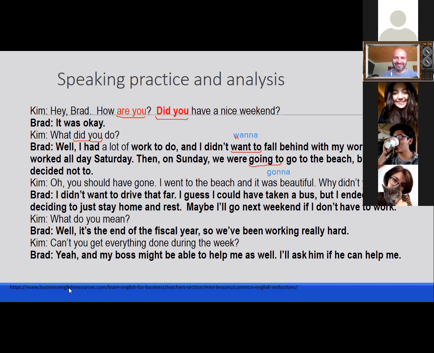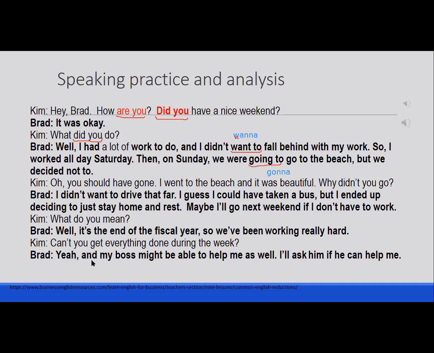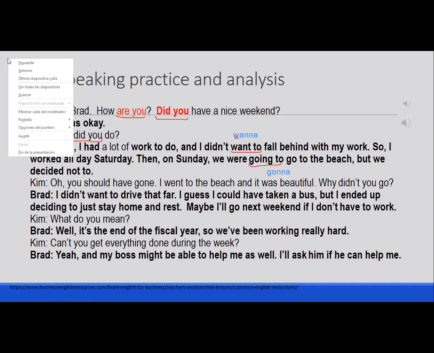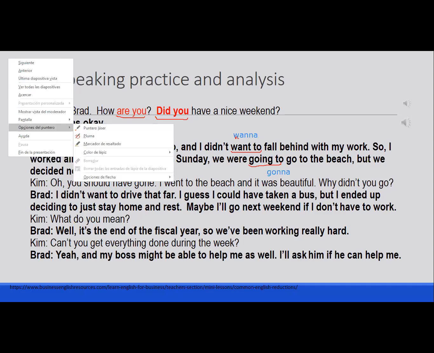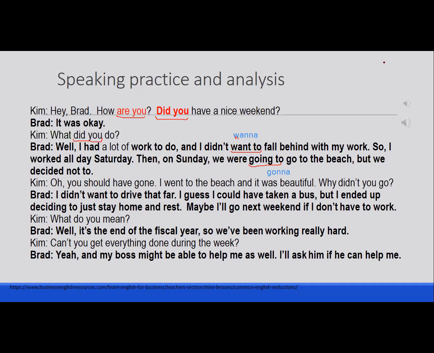Yes. I have a little bit of problem. I should have gone. I went to the beach and it was beautiful. Why didn't you go? I didn't wanna drive that far. There is a reduction. I guess I could have taken a bus, but I ended up deciding to just stay at home and rest.